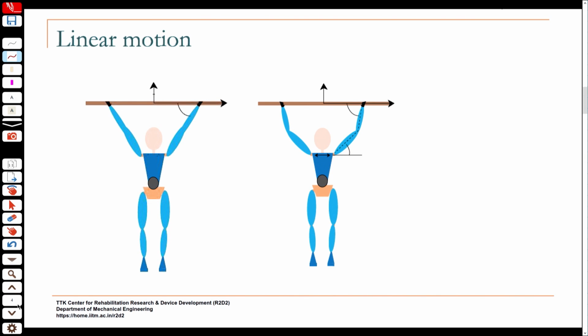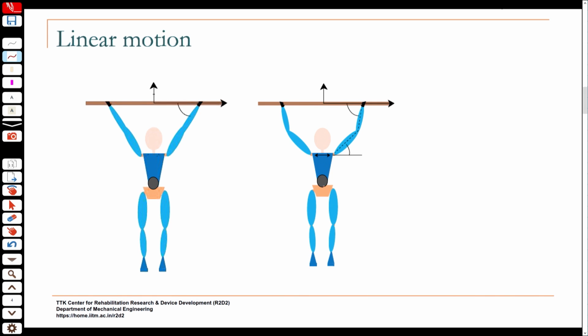This is essentially the case that we did initially, where I told you that the acceleration of the center of mass is measured to be some value, and we just computed the reaction forces. But if you look at how the human moves, we are essentially influencing the motion of the center of mass by the movement of our arms.